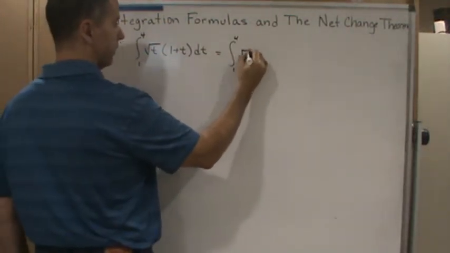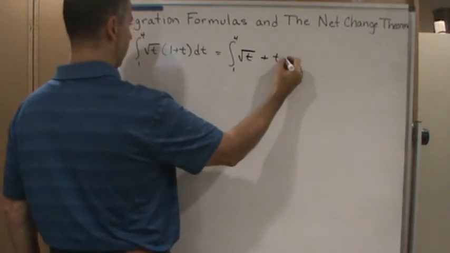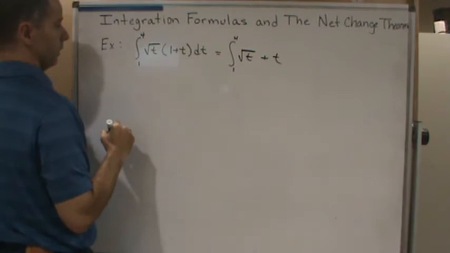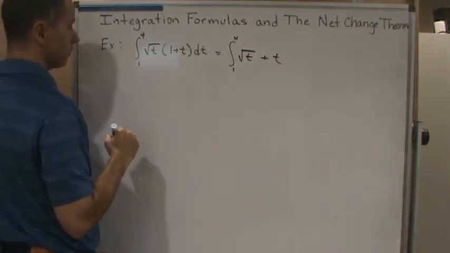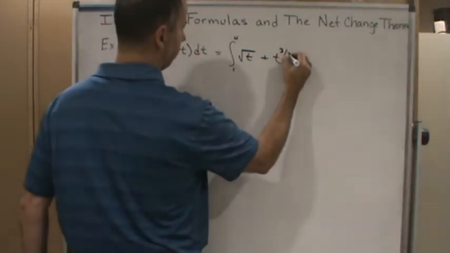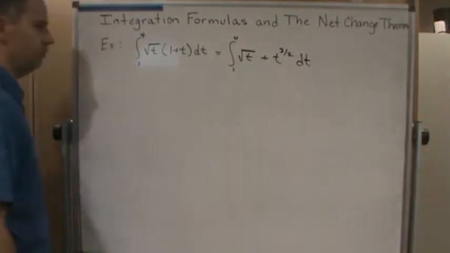So it's going to be the square root of t plus t to the, so let's see, that would be 3/2 dt, right?